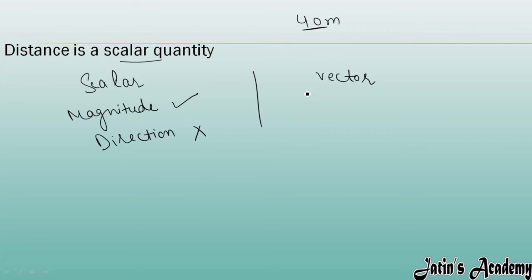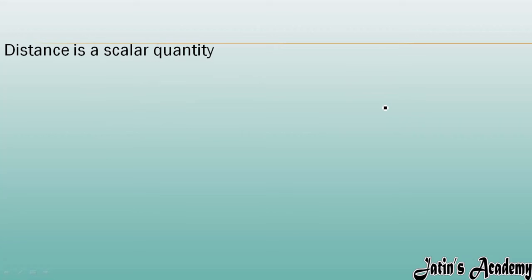But in a vector quantity, we are checking both. We are taking care of both magnitude as well as direction. So what do you mean by scalar quantities? Scalar quantities are the quantities in which there is a magnitude but no direction. But in a vector quantity, there is magnitude as well as direction. So now we will see that distance is a scalar quantity.